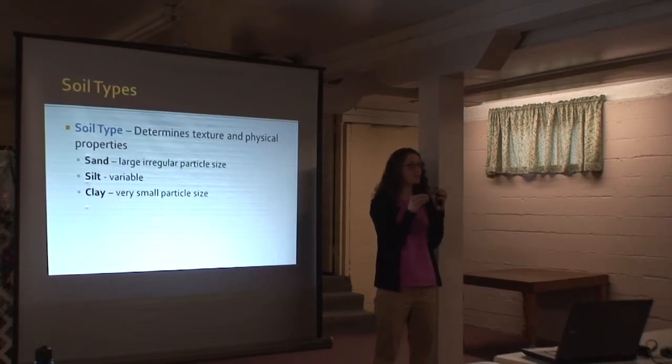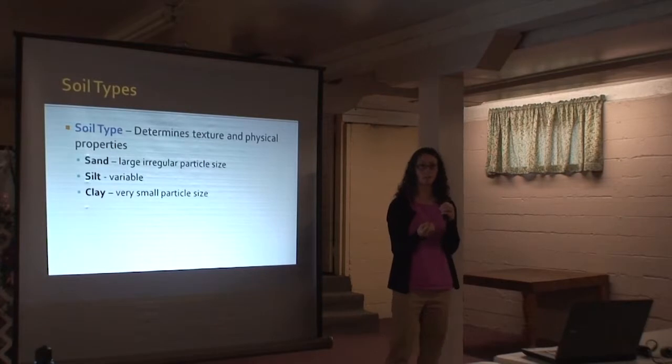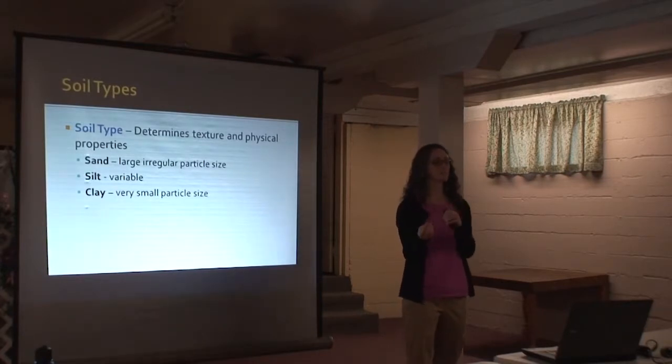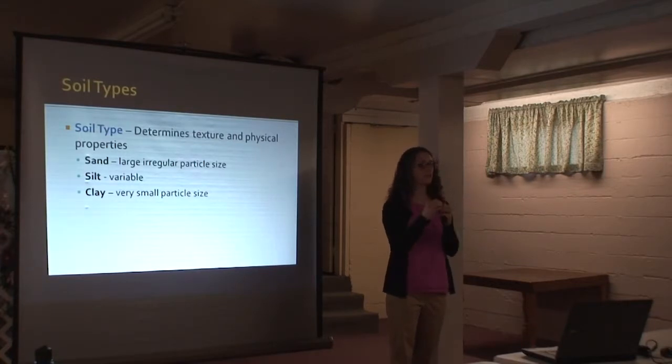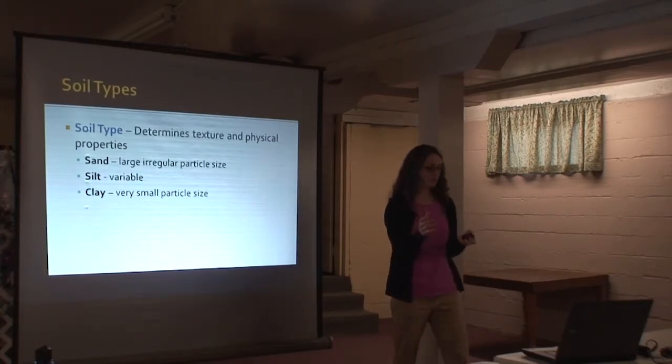Silt's going to kind of be in the middle and variable, and then clay is going to be very small particles, and so those are going to settle a lot closer to each other, and you're not going to have a lot of pore space between them. And that makes a big difference when we start talking about infiltration and those types of factors, which I'll go into next. But just in your brain, you can think of sand as large irregulars, clay as very small particles, and silt somewhere in the middle of that.